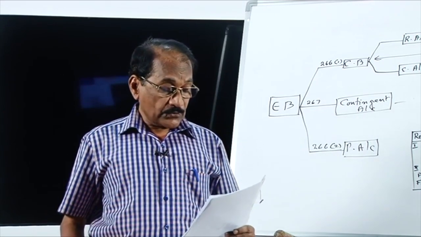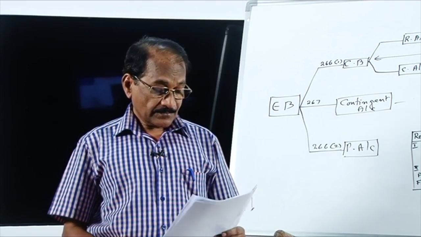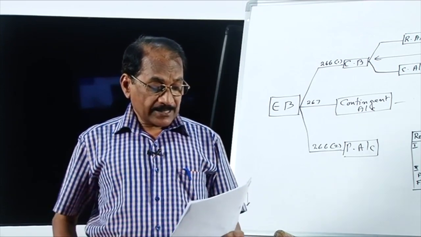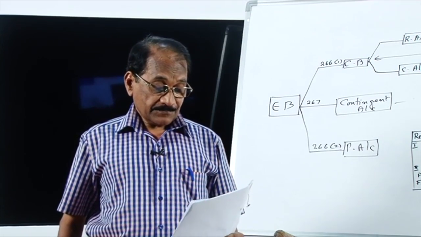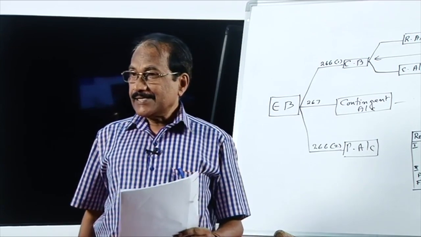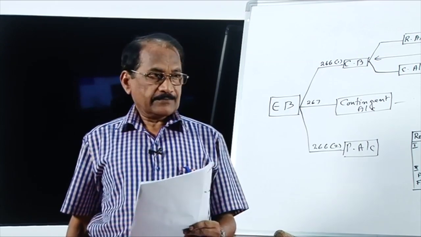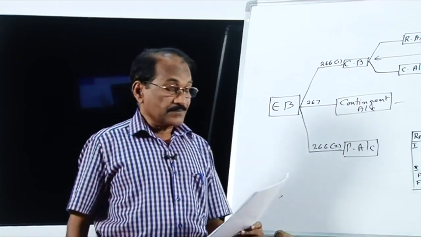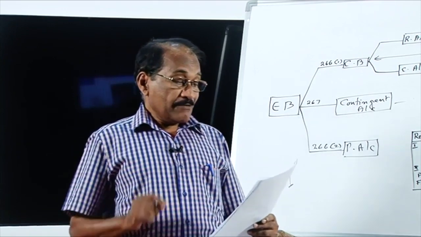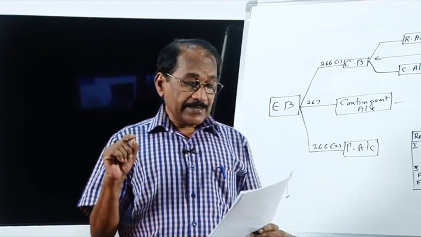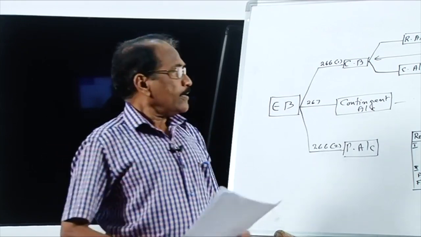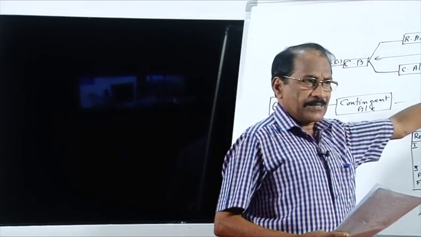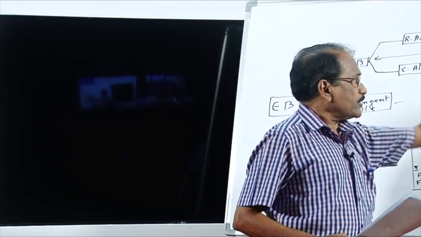Then write the options: A 1, 2; B 1, 3; C 1, 2, 3; D 2, 3. Look at that question: which of the following are included in the capital budget of the Government of India? It only says capital budget, so it can be a revenue in the capital budget or an expenditure met from the capital account.